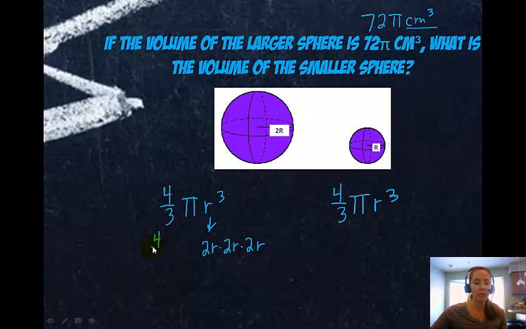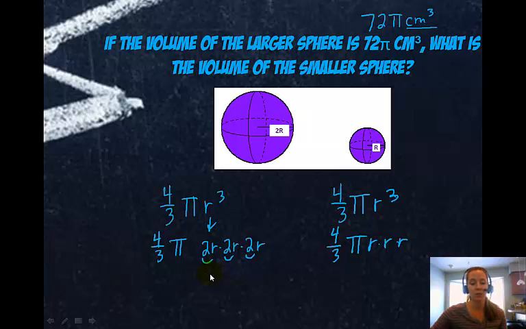So we've got our 4/3 and our pi, but now we have 2r times 2r times 2r, just to look at the difference between 4/3 pi r times r times r. So now if you were to cube the 2r, everything would look exactly the same between these two formulas, except we have extra 2's we're multiplying by.